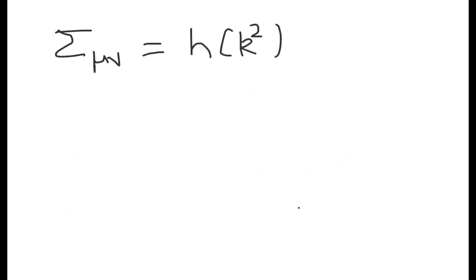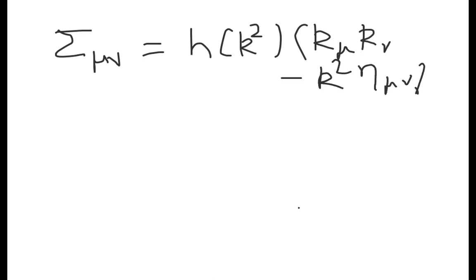So basically, suppose you write sigma as some h of k square times k mu k nu minus k square eta mu nu.